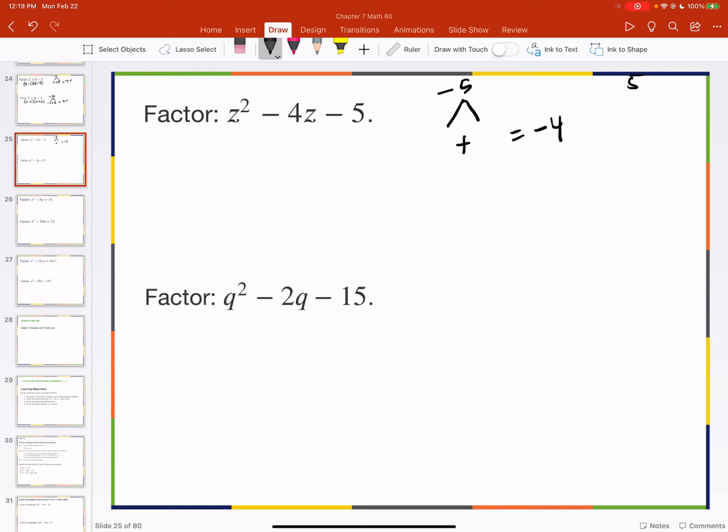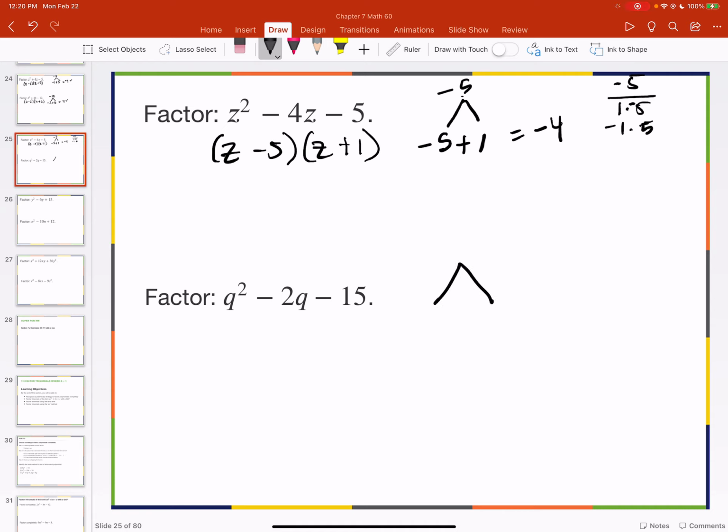The only factors of 5 are 1 times 5, negative 1 times negative 5, and negative 1 times positive 5, right? So which one of these is going to give me negative 4? The negative 5 times 1, right? Negative 5 times 1 is negative 5. Negative 5 plus 1 is negative 4, so check. So z minus 5, z plus 1, okay?